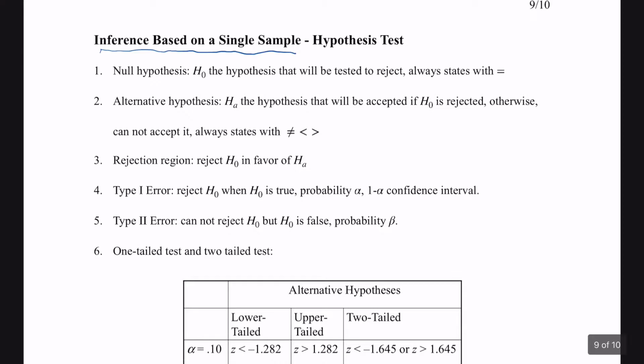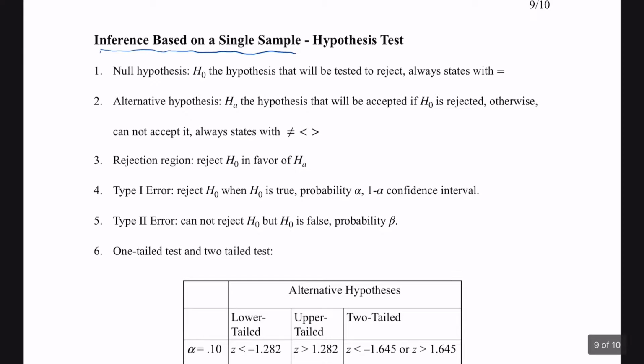Like I said before, anything related to the population mean or the population proportion, we don't know the exact number. However, we can guess, and we can come up with a hypothesis saying that we guess this is equal to the population mean. And then we are going to test our hypothesis.